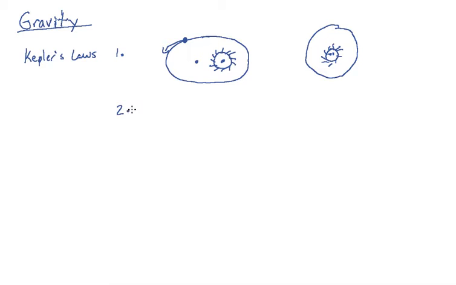The second law is that in this elliptical orbit, I guess I'll draw one more elliptical orbit, right? Here's our elliptical orbit, and a planet sweeps out equal area in equal time.